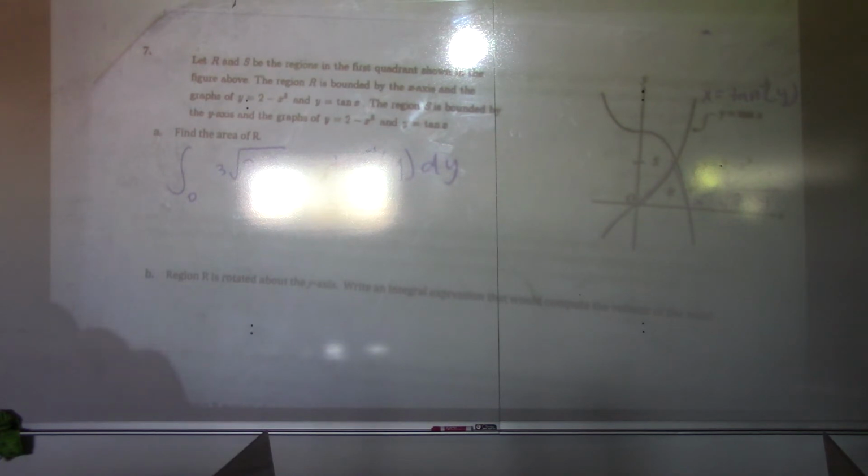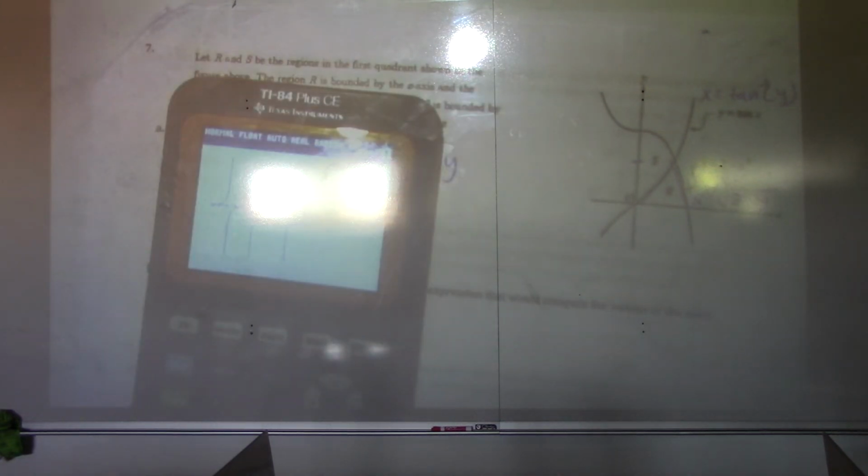Oh, sorry. This is silly. I'm doing it in x, 2 minus x cubed. So I'm just graphing it right now, trying to find those intersections.